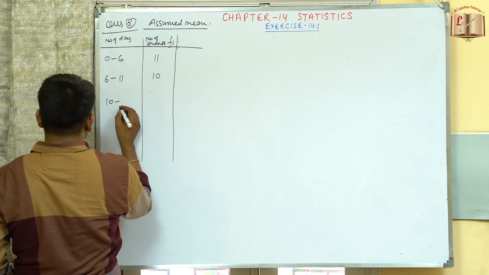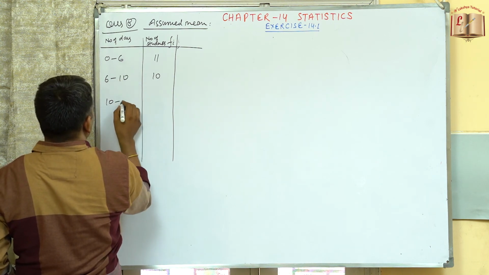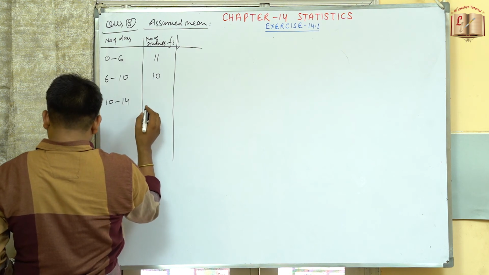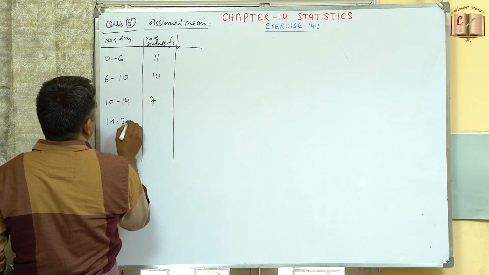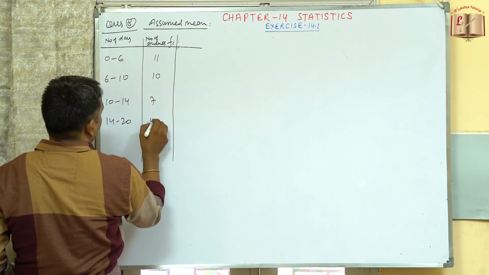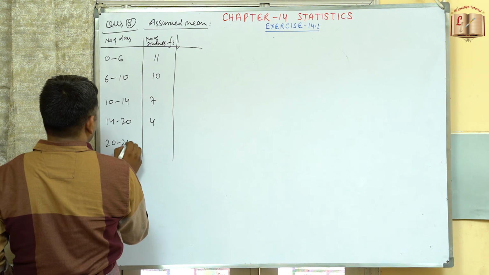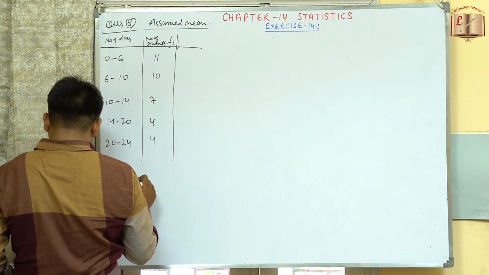So 0 to 6, then 6 to 10, then 10 to 14, which is for 7 students. Then 14 to 20, 4 students. Then 20 to 28, again 4 students.